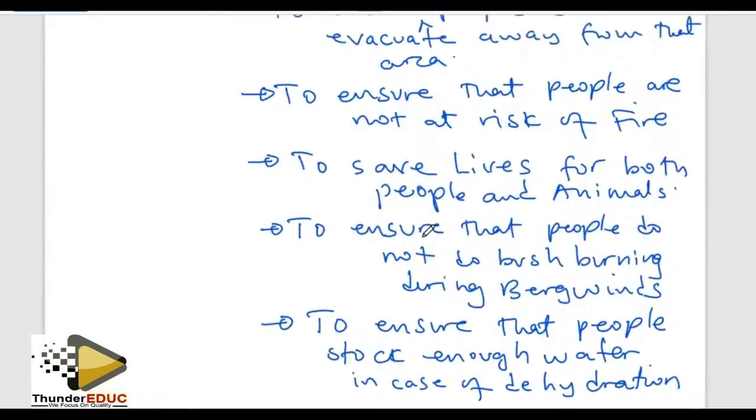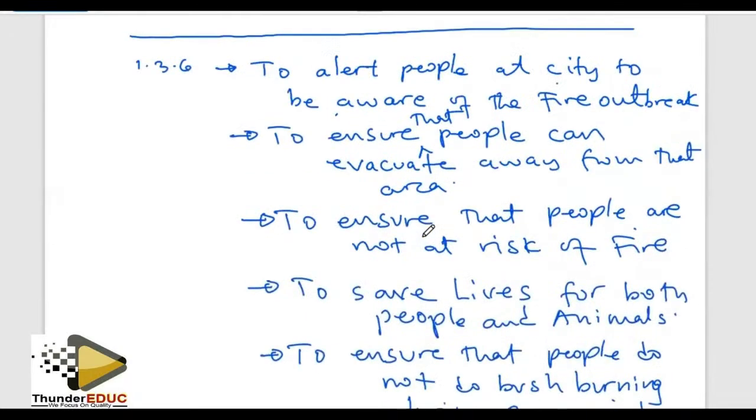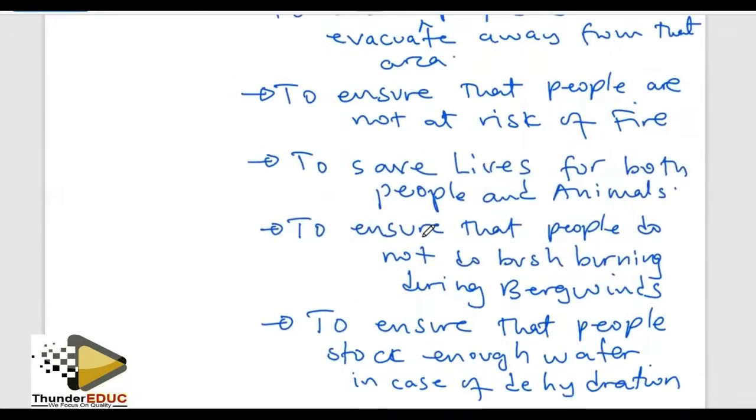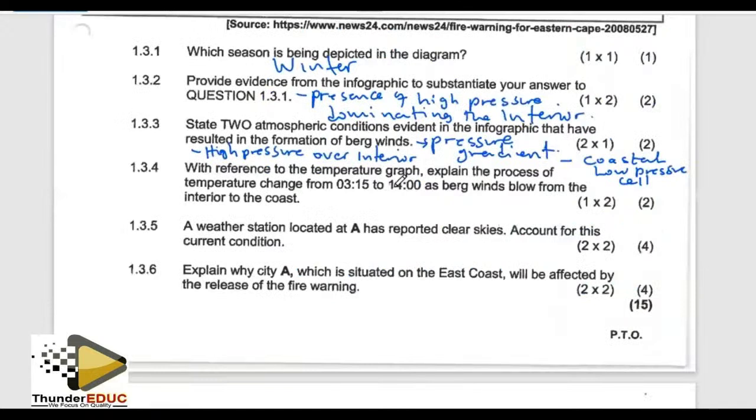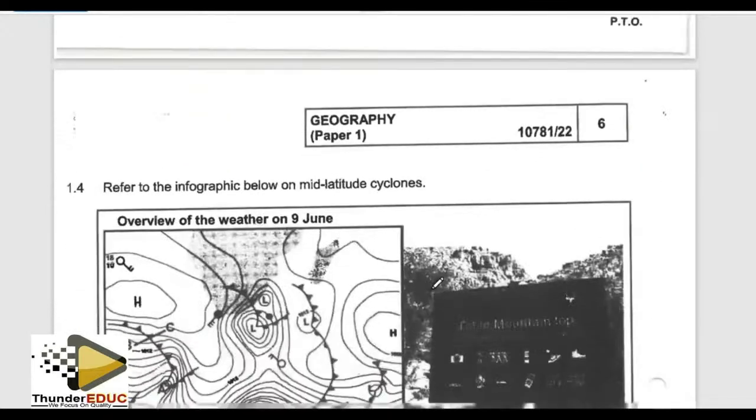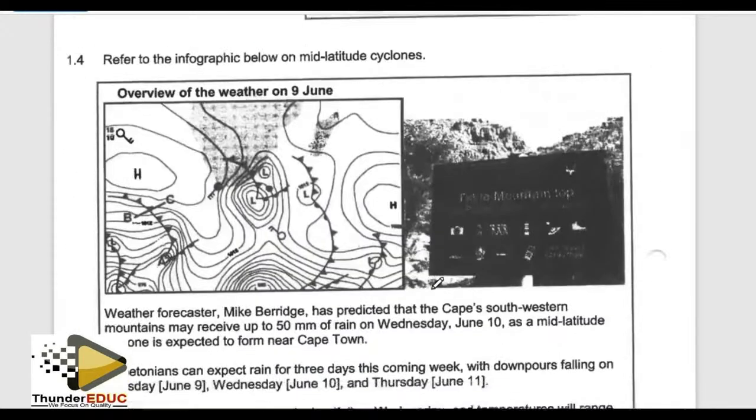So that is why they are issuing warnings at City A, is to ensure all those factors and as well to make sure that people are safe. All right. So that was question 1.3.6. Let's proceed to question 1.4.